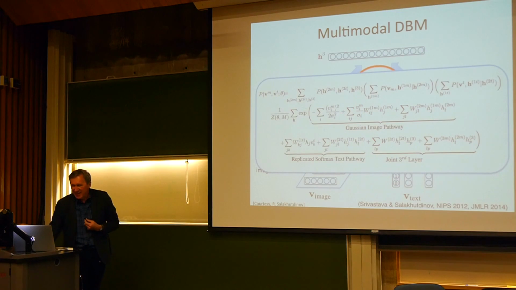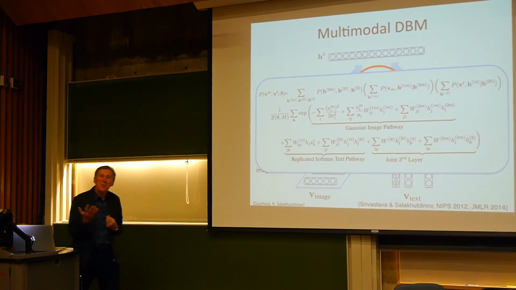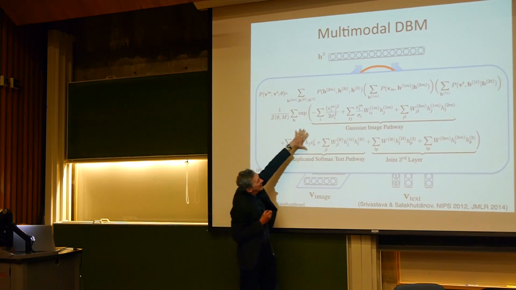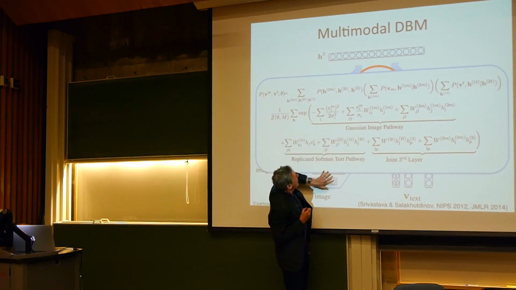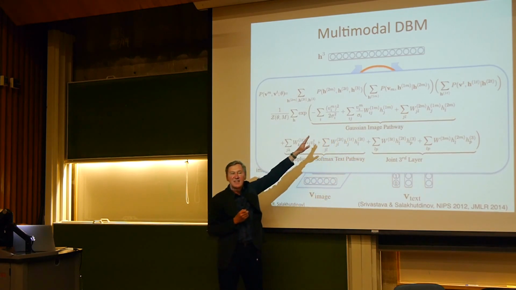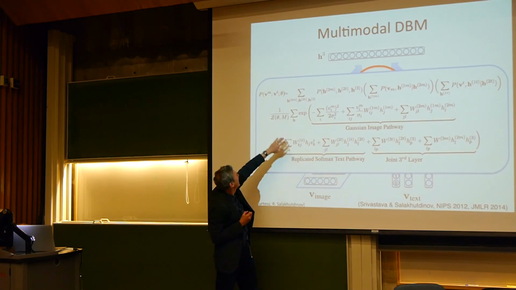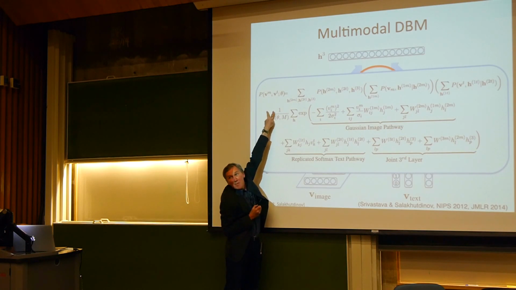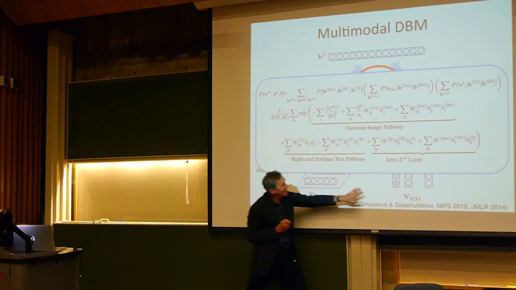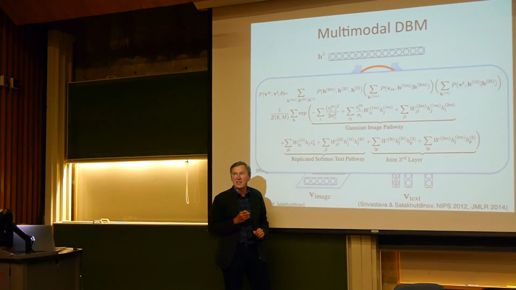And if you go back to the probabilistic interpretation, what you see is that there's actually a way in which you can think of this cascade of restricted Boltzmann machines as defining a joint probability distribution on the observed pixels and text features.